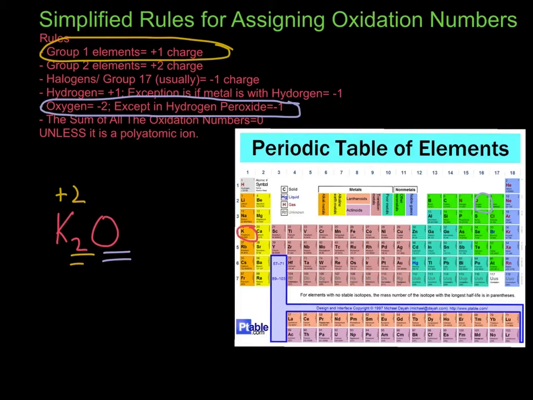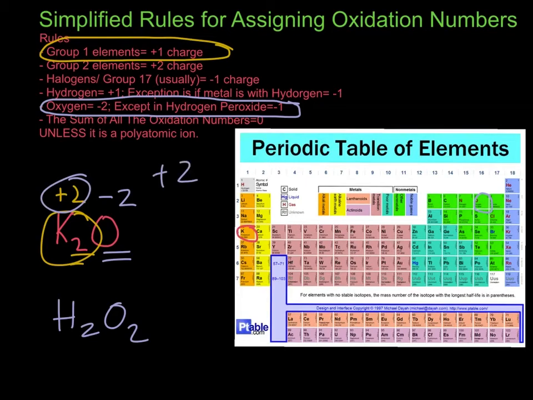Oxygen is -2, except when it's in hydrogen peroxide. Remember, hydrogen peroxide is H2O2. This is not hydrogen peroxide, so it is a -2 charge here. So if they were to ask you, what is the oxidation number of K2 in K2O, you would politely answer, the oxidation number of K2 in K2O is +2. So +2 is your answer.